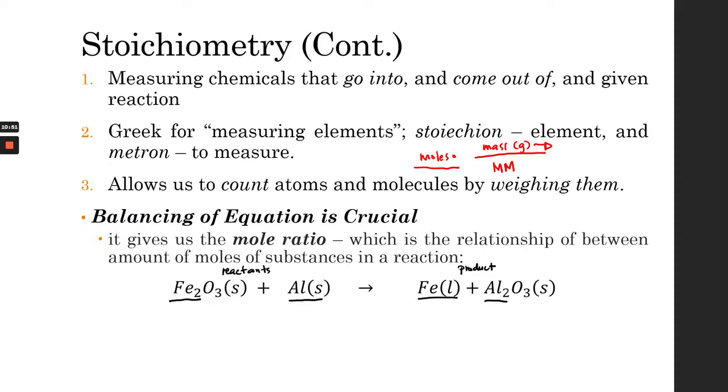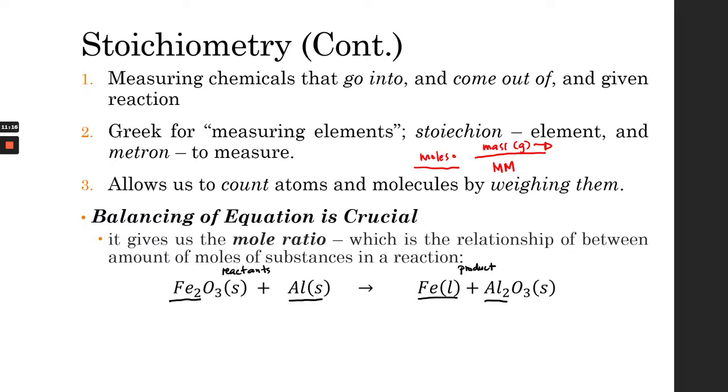How can we balance this equation so that we have an equal number of atoms of iron and aluminum in your reactants compared to the number of atoms of iron and aluminum in your product? What we can do is write coefficients.